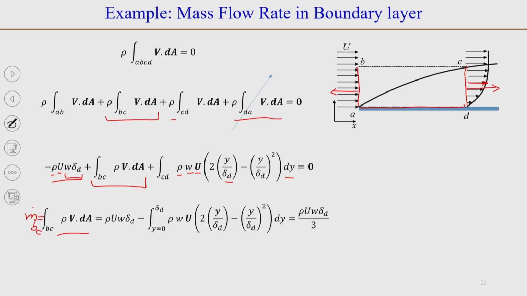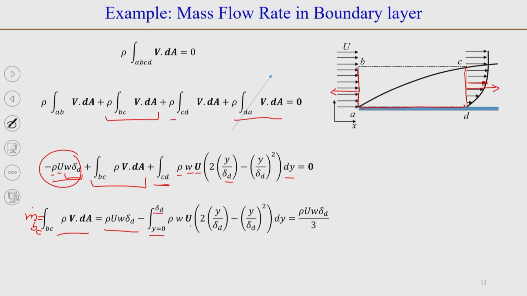that is equal to, taking the first term on the right hand side, positive rho u w delta d. The second term, under the integration, which is the mass flow rate at section CD, becomes negative, and we can substitute the limits for y, y equal to 0 to delta d.